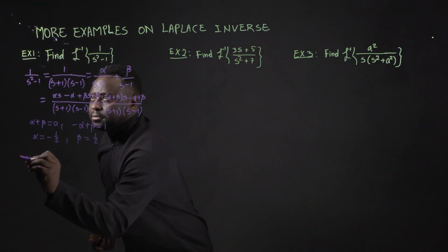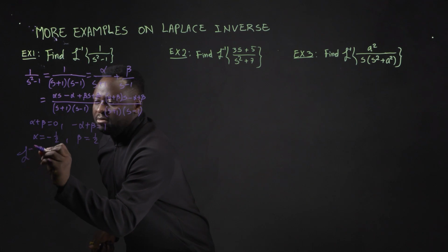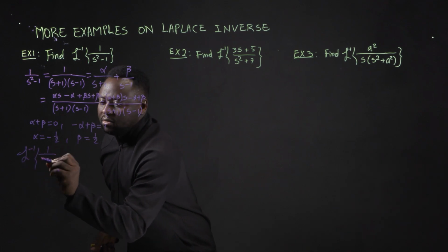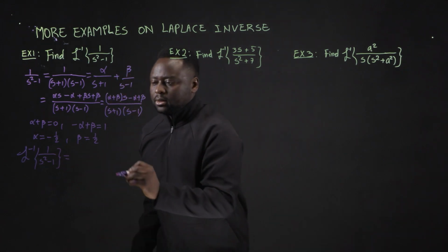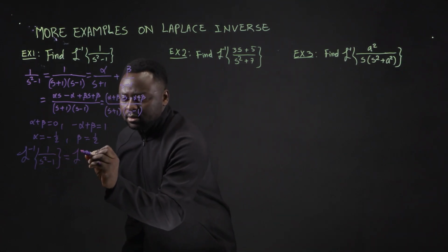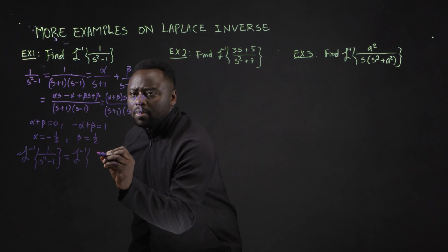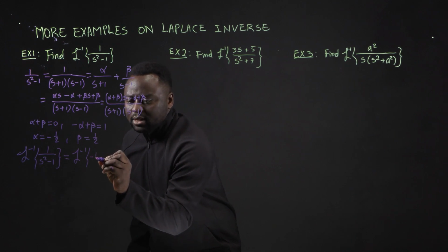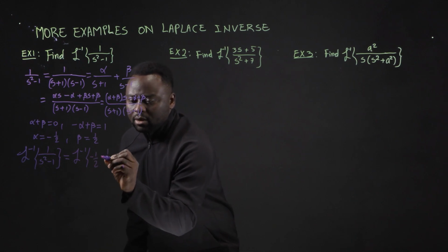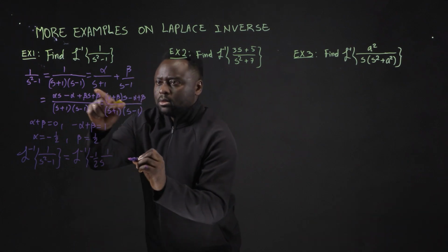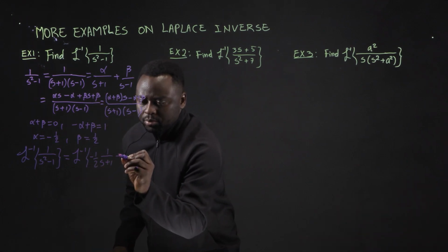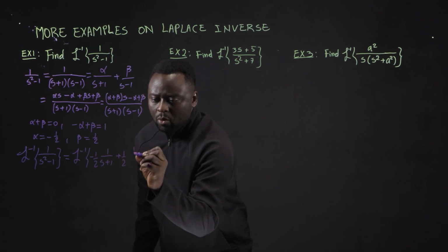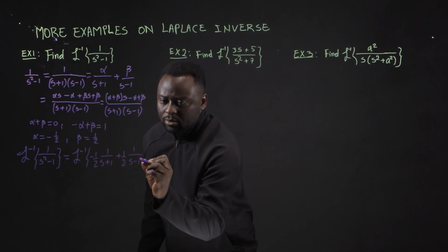The Laplace inverse of 1 over s squared minus 1 is equal to the Laplace inverse of minus half of 1 over s plus 1, plus half of 1 over s minus 1.